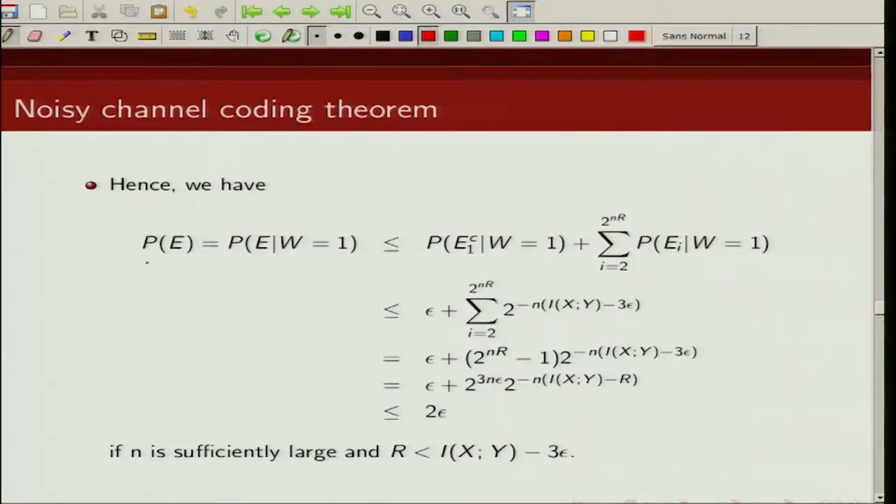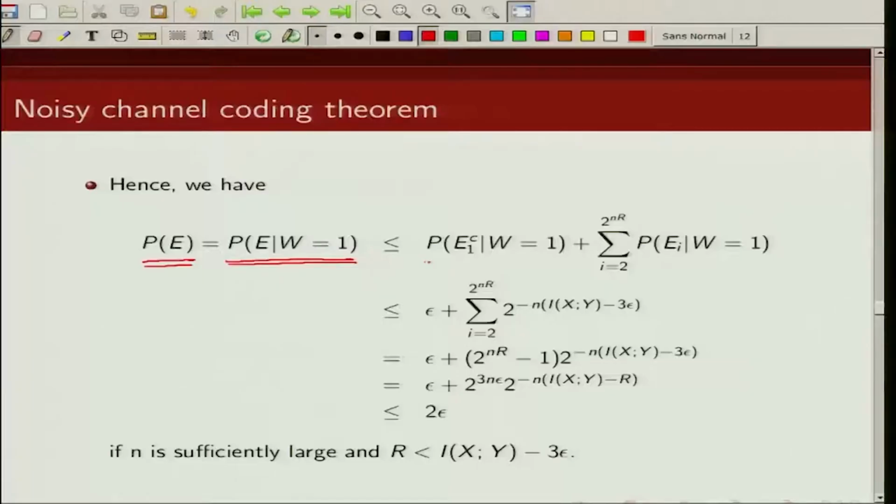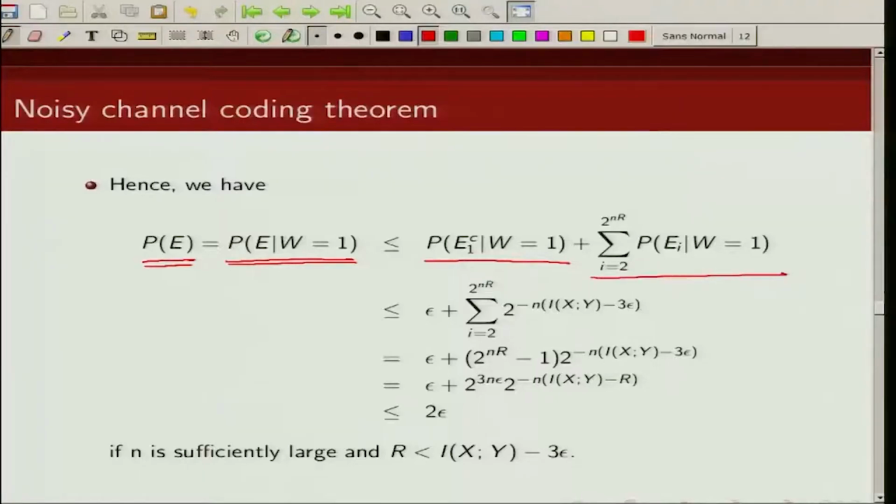So then we can compute the probability of error. As we said, it is independent of what index we have sent, because of the symmetry of code construction. This is upper bounded by the probability of the complement of event E1 happening given index 1 was sent, plus this sum. Now the first term, from the property of joint AEP, is a very small quantity, which we are calling epsilon. The other terms are upper bounded by this probability.